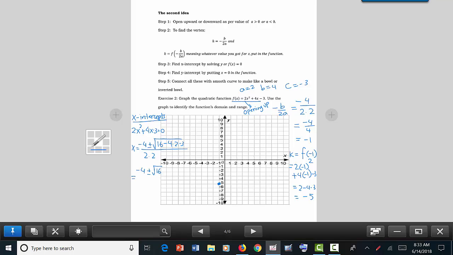So 16 plus 24, divided by 4. So equals negative 1 plus or minus, that is the square root of 40. The square root of 40 we can reduce as 2 times the square root of 10, over 4. And then if you cancel by 2 on the top and bottom, it becomes negative 2 plus or minus the square root of 10, over 2.